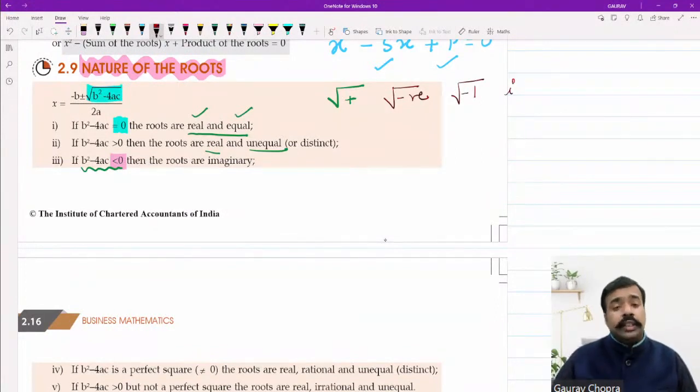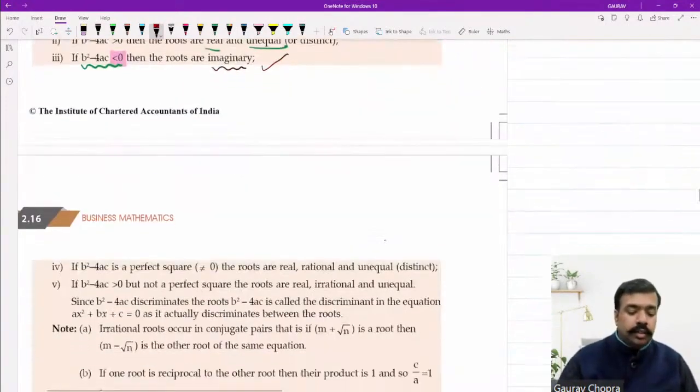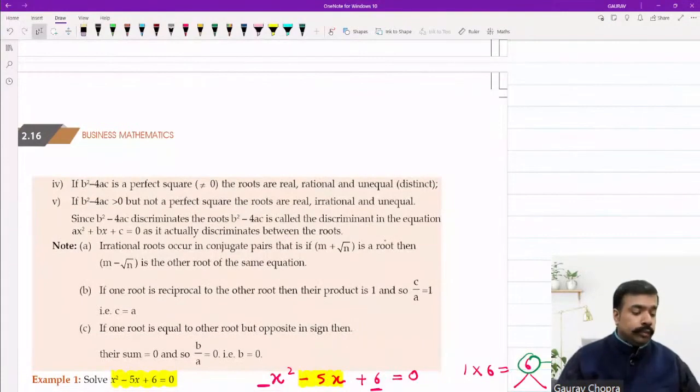So when the figure is less than 0, then the roots will be imaginary. All right. Then the fourth one. The fourth one says if b square minus 4ac is a perfect square, then roots are real, rational, and unequal.